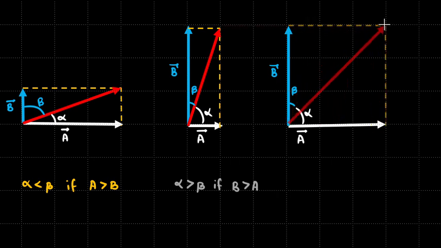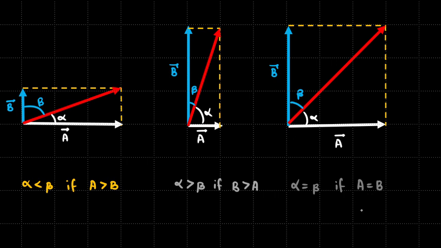This is 3 by 3, and I think you see that the angle is exactly divided. So this is alpha, this is beta, and I see that alpha and beta are equal if A and B are equal.